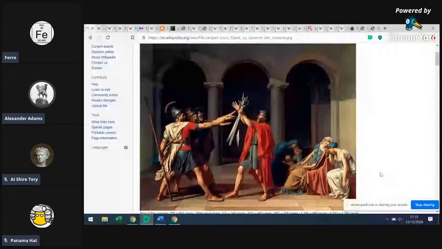And obviously you see the female relatives on the right weeping, but the men are stoical in their adherence to duty and brotherhood and martial valor. And so they are prepared to sacrifice themselves for a cause greater than them. And this was part of the neoclassical movement, which became adopted by the French Revolution when it occurred in 1789.